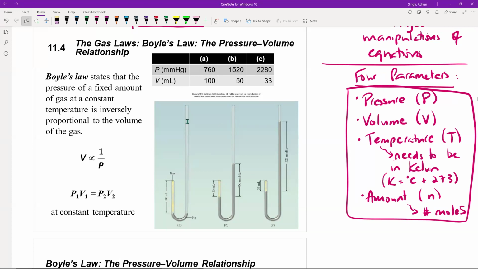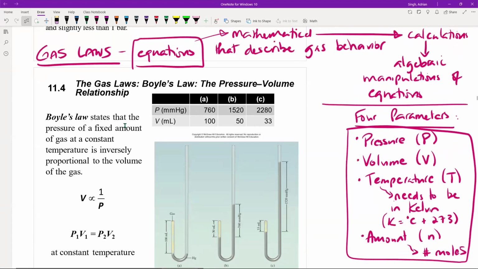Okay, so let's take a look at the first gas law. All of these gas laws are named after people, usually the scientists that either observed or developed these laws. The first one is Boyle's law, named after Boyle. Boyle's law relates pressure, P, and volume, V. Whenever we are trying to relate these different parameters, usually we relate a couple of them to each other.